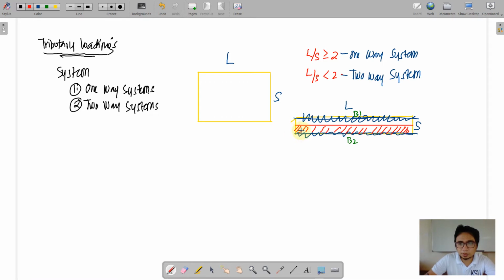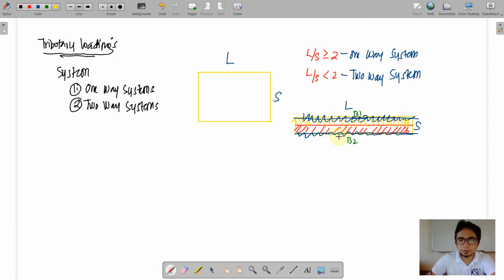So this red portion here is the tributary area that will be carried by beam 2. And then of course, the other one, this yellow area here, or the other half of the slab, will be carried by the other beam. So this is a one-way slab.